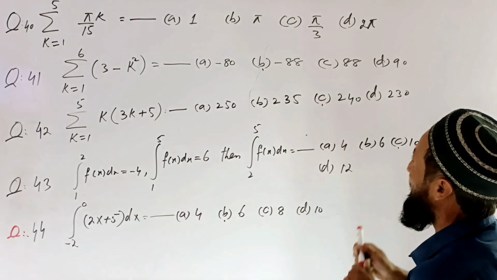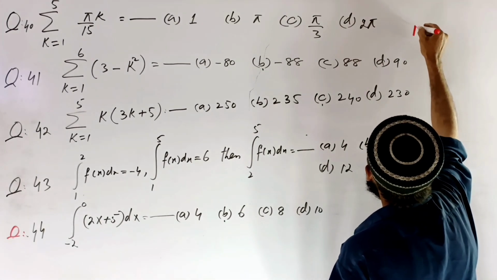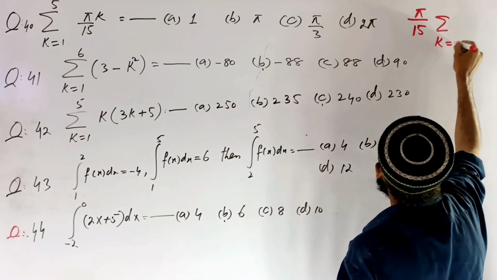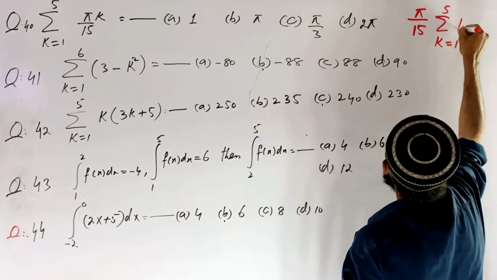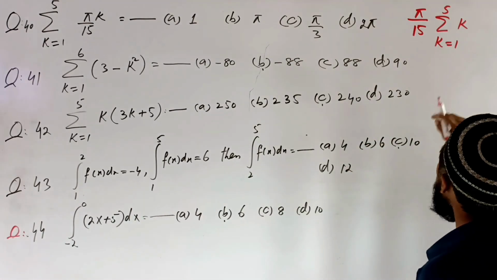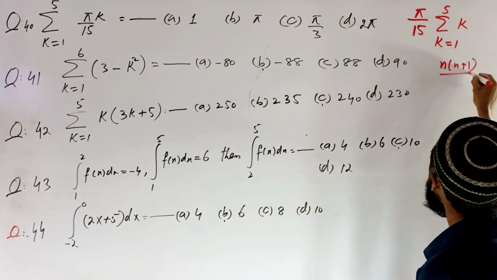Summation of k equal to 1 up to 5 of pi by 15 k. Here pi by 15 is a constant value, so we take it outside the summation, and we have the summation of k up to 5. According to the formula, we know that it is n into n plus 1 divided by 2.